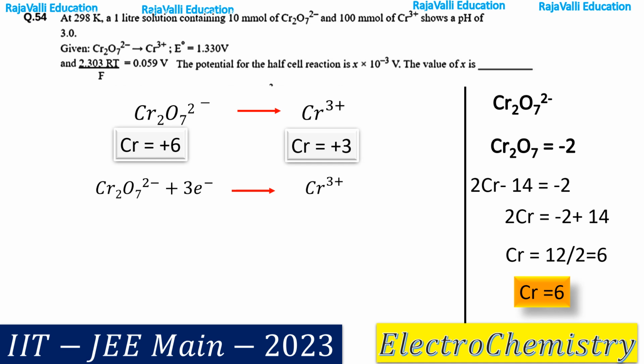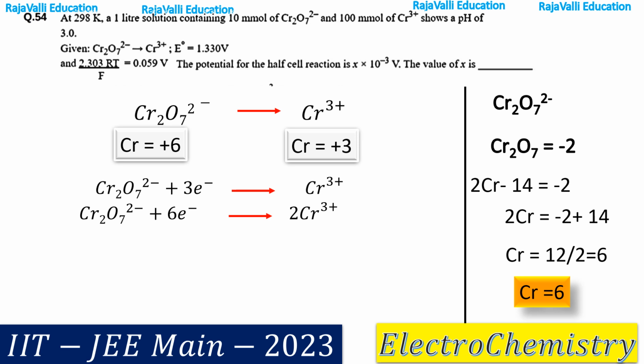On the reactant side, 2 chromium atoms are present, so we have to multiply by 2 on the product side. To get an equal number of electrons, we have to multiply 3 electrons by 2. So the equation is Cr2O7 2 minus plus 6 electrons gives 2Cr3 plus.